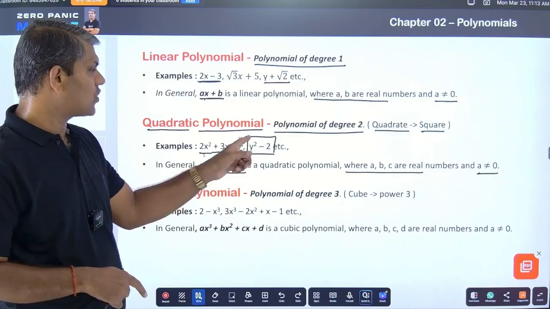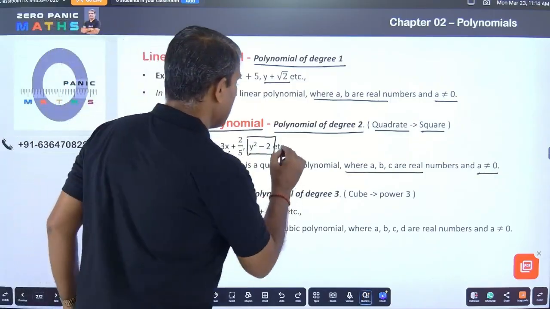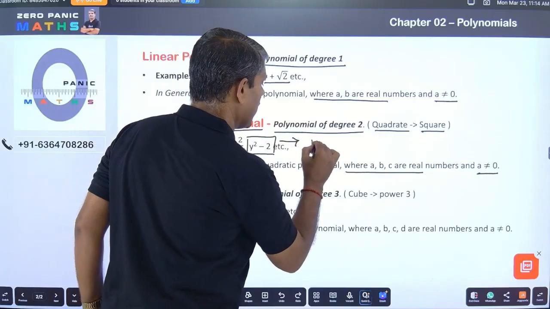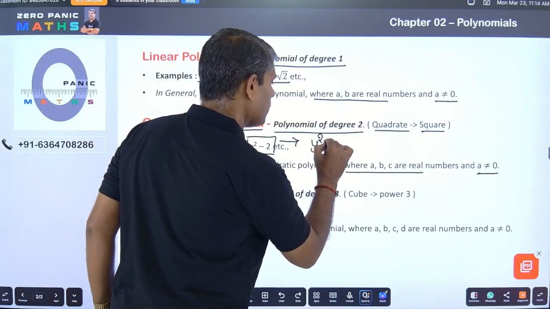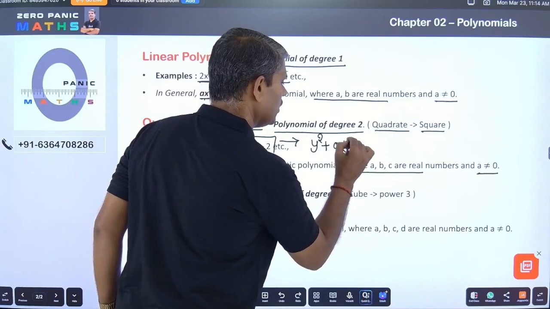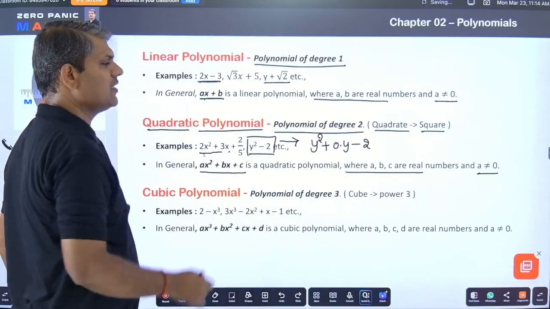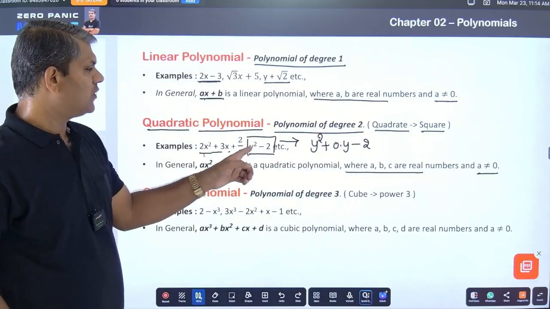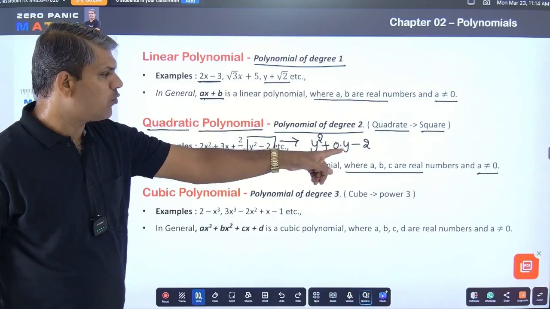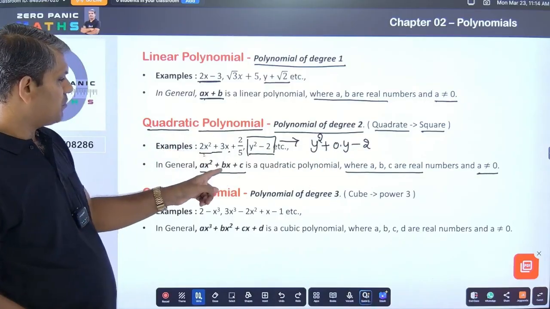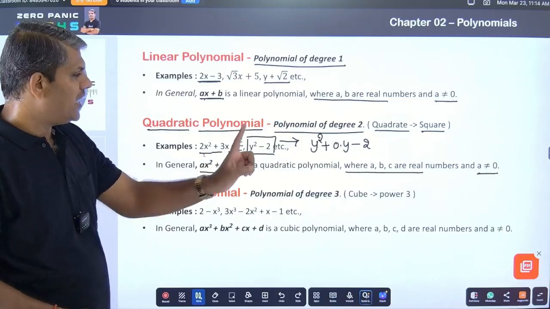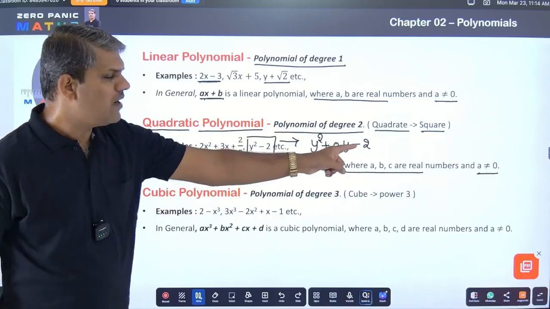So that is the reason it is called a quadratic polynomial, and it is actually written as y square plus 0 y minus 2. So you can say this is the actual form of this equation, and the coefficient of y, which is b in this case, is 0. A is 1 and c is minus 2.